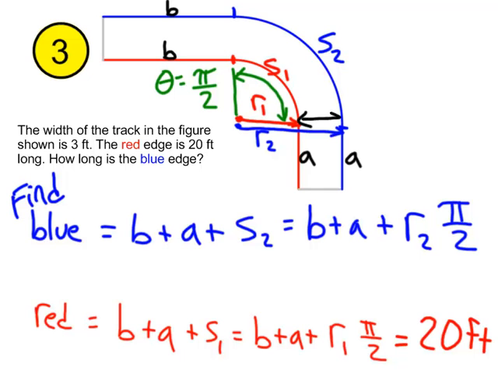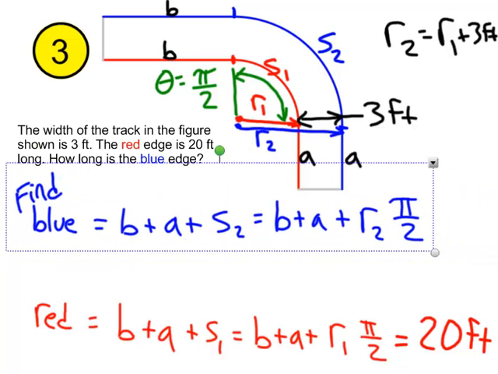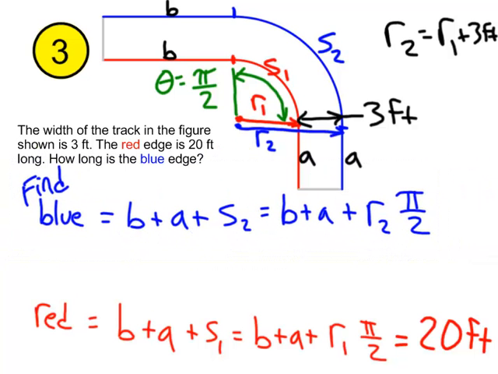We're told that this distance right here is 3 feet. So let's go ahead and write this equation that R2, the length of the blue radius, is equal to R1 plus 3 feet. And when I observe that, I admit that it's kind of hard for a student who's new to this to get the sense of all of this, but that's why I'm showing it to you.